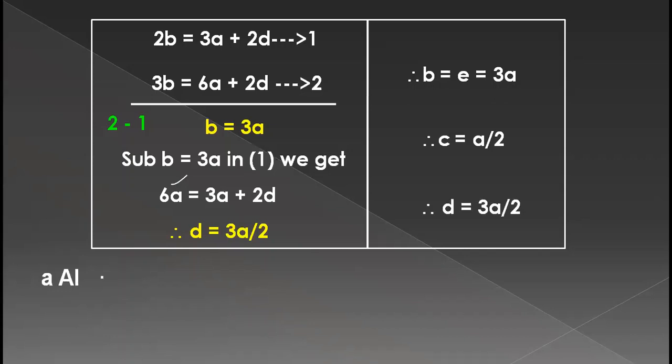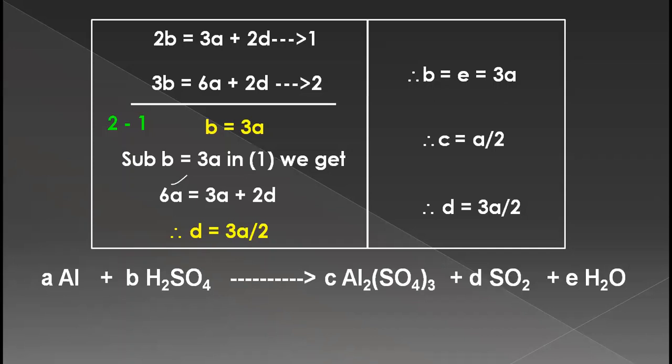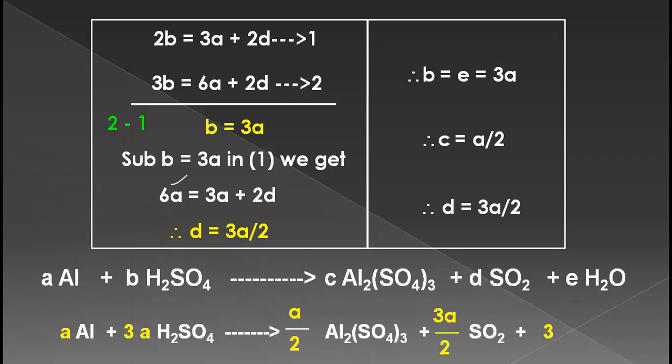Now let me rewrite the equation. So this was the equation: A times Al plus B molecules of sulfuric acid, C molecules of aluminum sulfate, D molecules of sulfur dioxide, E molecules of water. Let me substitute B, C, D, E, keeping A as such. So I end up with A molecules of Al plus 3A molecules of sulfuric acid and so on.